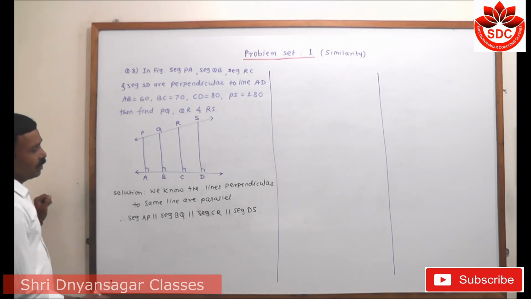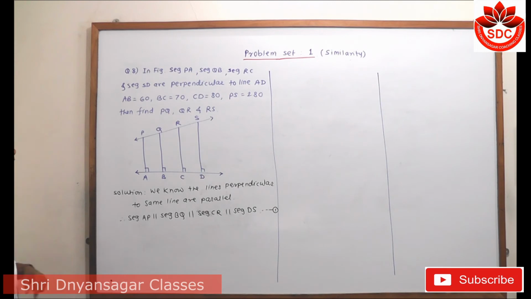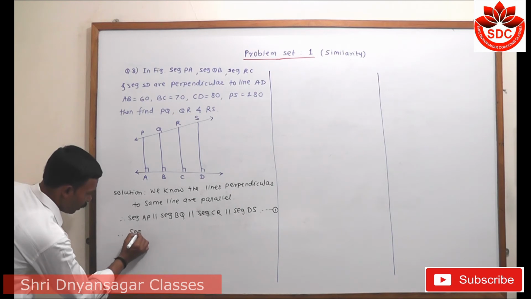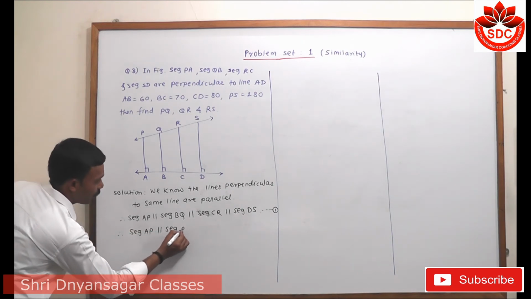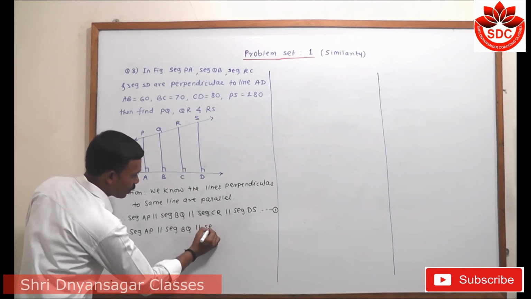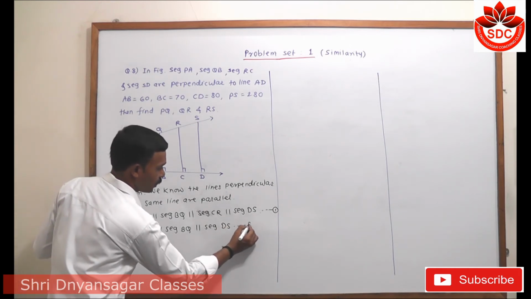Now from this, suppose we take this as equation number first. From this first equation I take any three line segments that are parallel, so we take segment AP parallel with segment PQ, parallel with the last segment DS. From equation first.